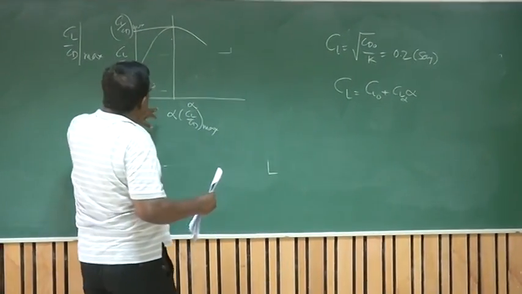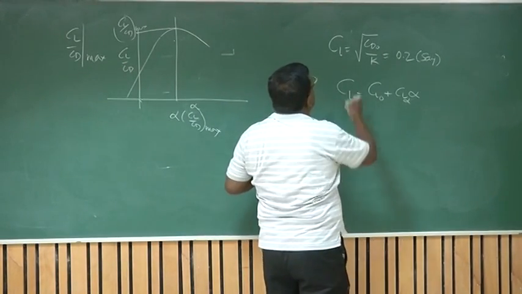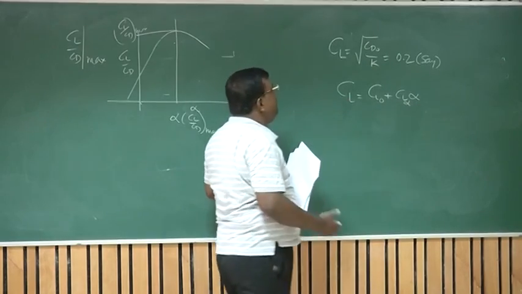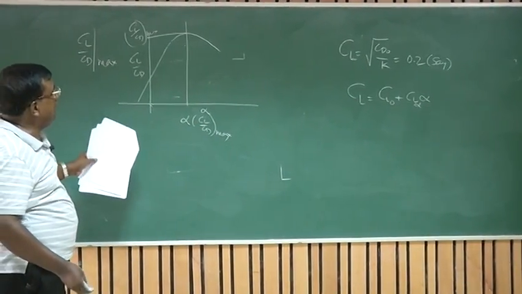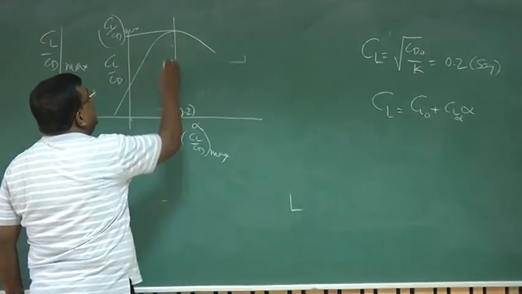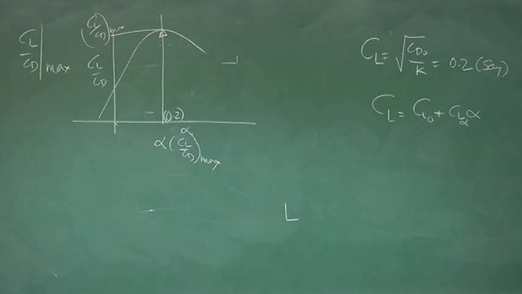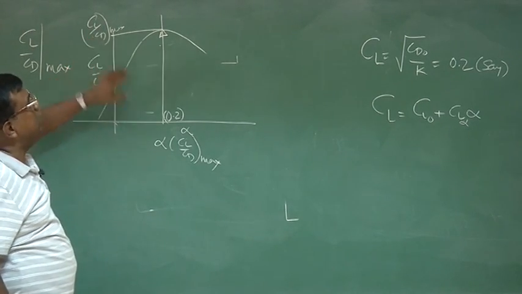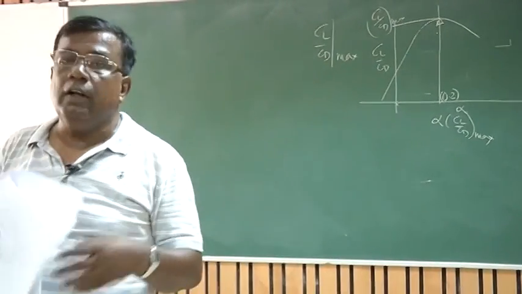Now, if you are telling that you have to fly at CL equal to 0.2, which is basically for the thrust required minimum case, then we must make sure that this alpha is right for that airplane. Then only you can get CL by CD max. This value of alpha and CL by CD max combination will go on changing for different aerofoils, different Mach numbers.